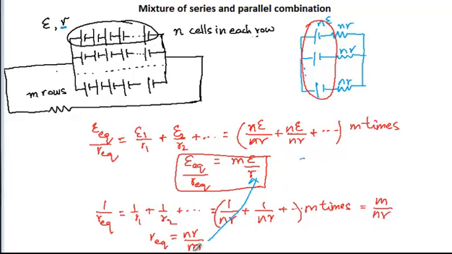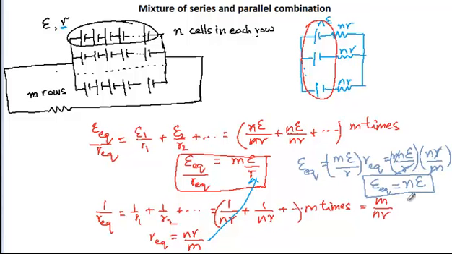Plugging in this value of R equivalent, we have E equivalent equals, so you can see that the equivalent EMF is n times the EMF of a single cell. But the main advantage that we get with this combination is it has a low value for internal resistance, because R equivalent is nR by m. So it is less than if you take a single row of cells.